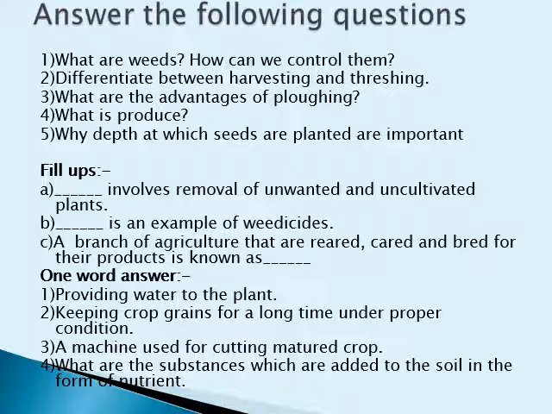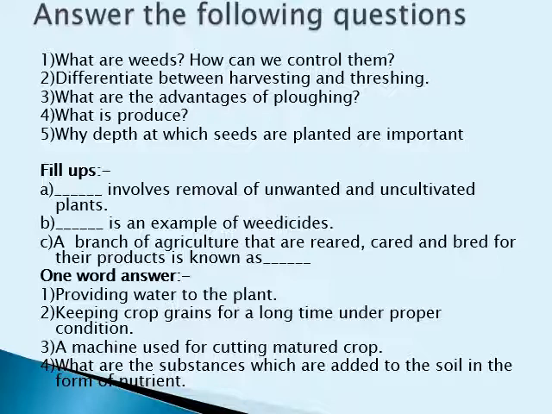So children, here we are going to discuss some very important questions. The first question says, what are weeds? Weeds are the unwanted or undesirable plants which grow naturally along with the main crop. How can we control them?